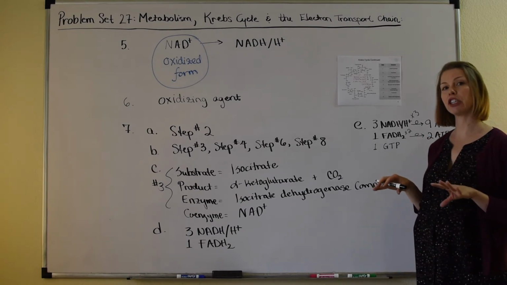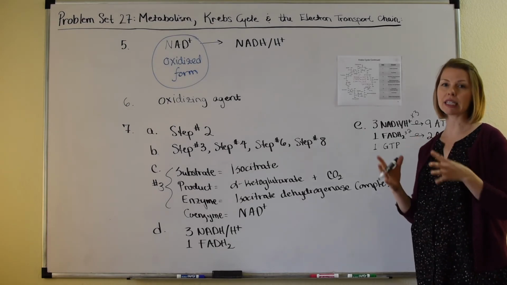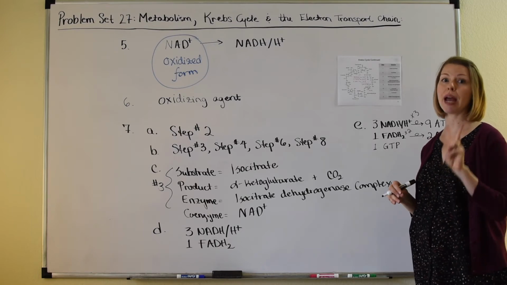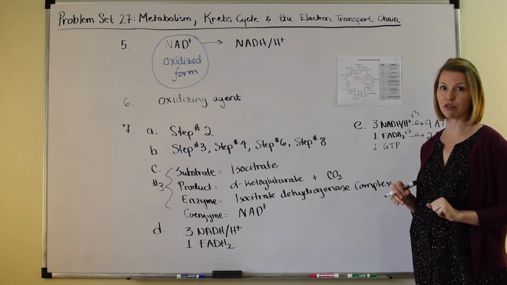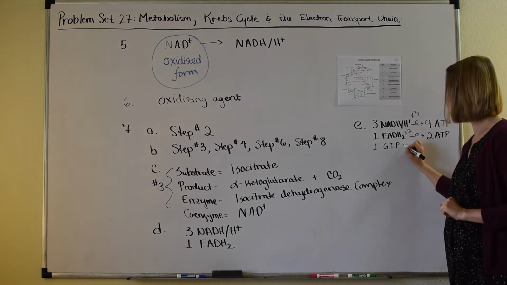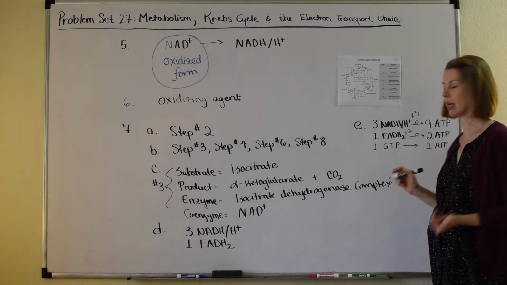When that FADH2 is reoxidized in the electron transport chain, it's going to release enough energy to be harnessed to power the synthesis of 2 ATP in oxidative phosphorylation. And then we're going to count our 1 GTP as an ATP. Again, most introductory textbooks will do that.